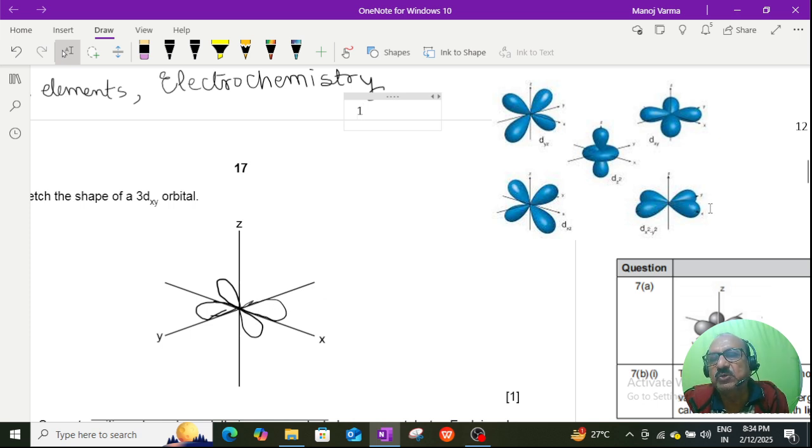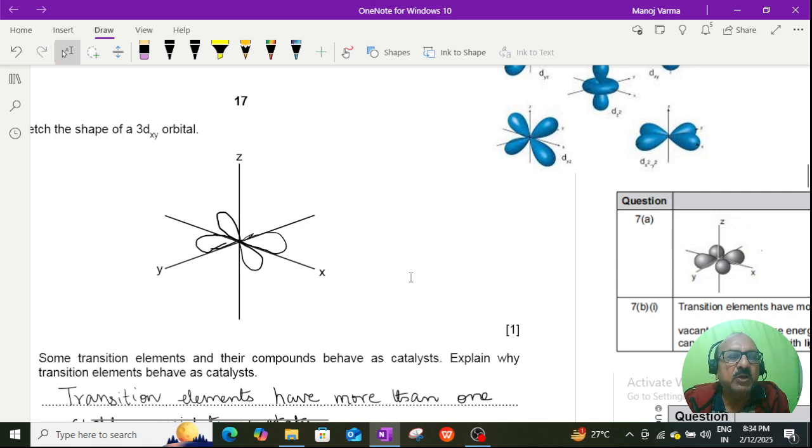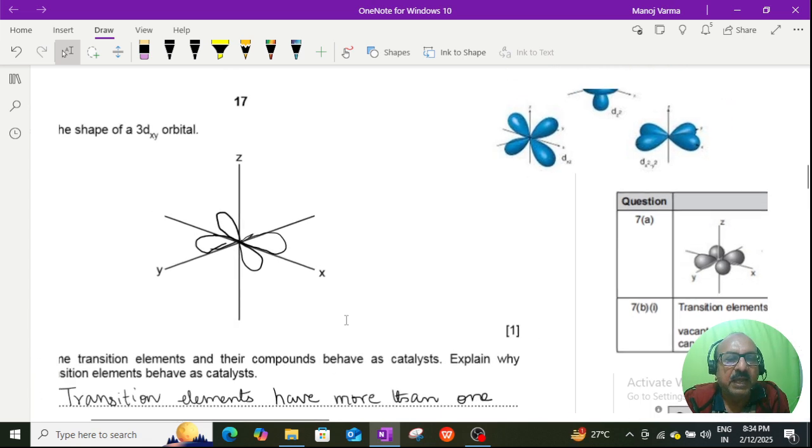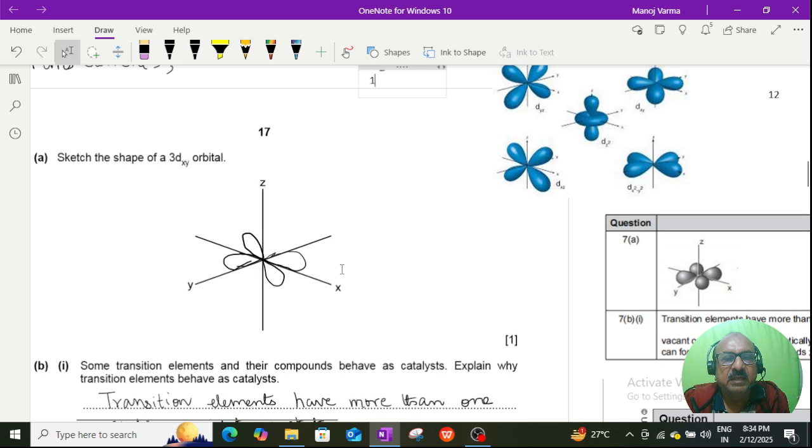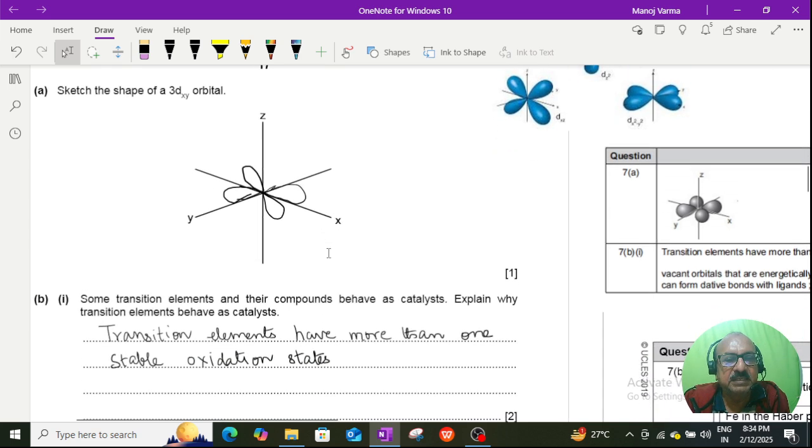So x square minus y square means that 2 lobes are on the x-axis and the other 2 lobes are on the y-axis. z square means that there are these 2 lobes on the z-axis, and this is also a probability region whose details you don't have to understand. So this is what you have to draw as far as the shape of the 3D XY orbital is concerned.